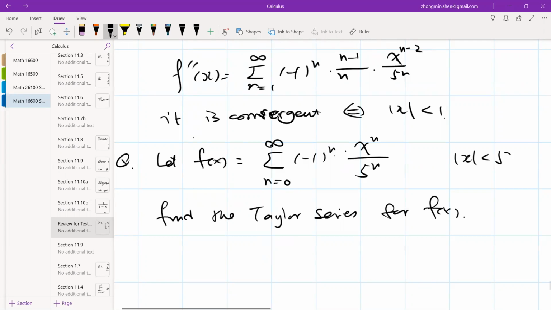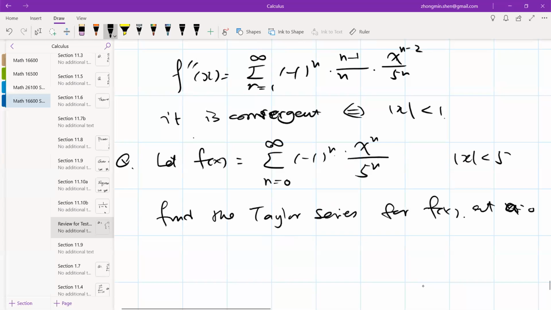Okay? The function f of x is a mystery, right? So we can say there are two questions. First question is, you can find a simple expression for f of x. Find the Taylor expansion, the Taylor series for the function at x equals 0, at a equals 0.